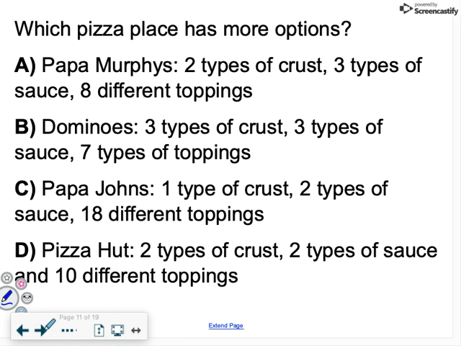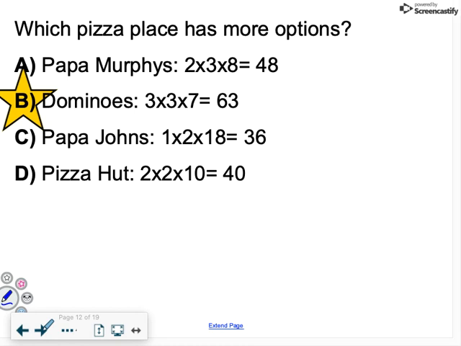Notice you have types of crust, types of sauce, types of toppings. We multiply them all together using the multiplication counting principle. Again, pause the video if you want to work on it, because I'm going to jump to the answers. We would find that Domino's had the most options at 63.